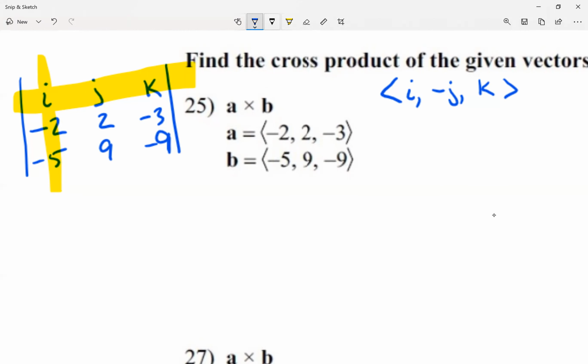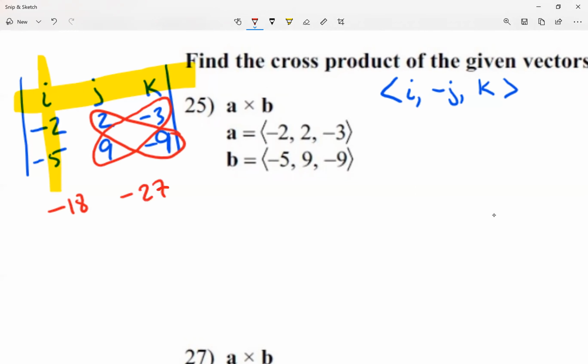For the determinant of this matrix, let me cross multiply. 2 times negative 9 gives me negative 18. And then negative 3 times 9 gives me negative 27. The only thing here is that in between them, I'm not going to put a plus sign like I did with the dot product.